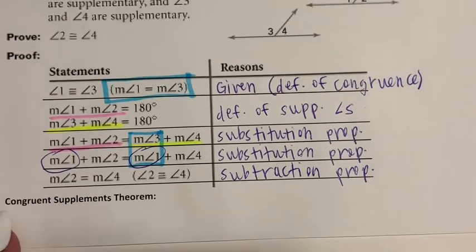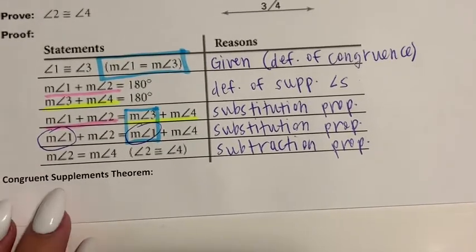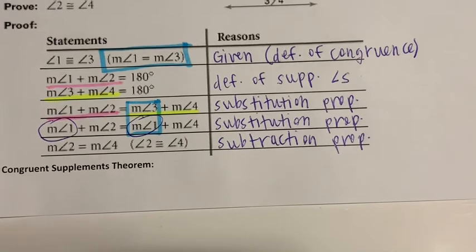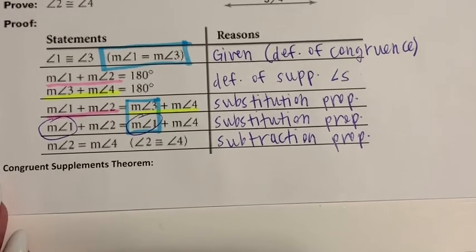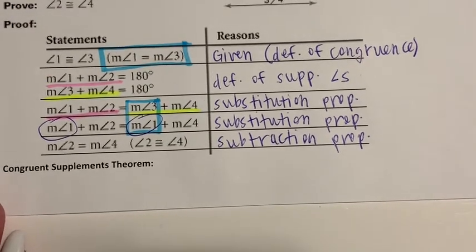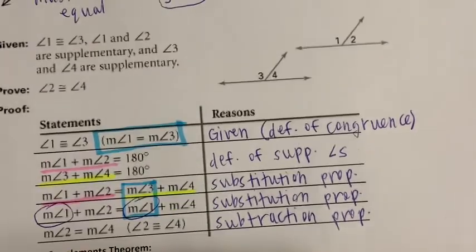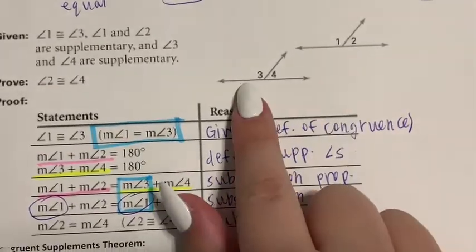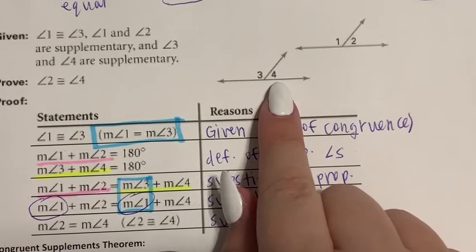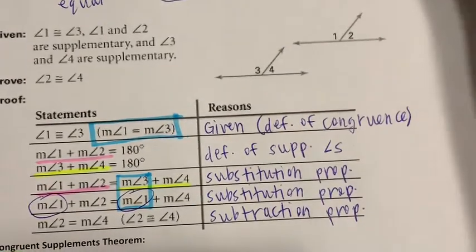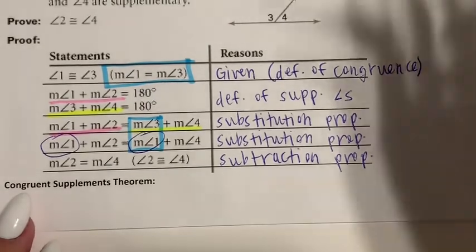Well, what did this proof prove? What exactly was the point here? Our point was we were looking at angles that were supplementary to each other. Here we are looking at 1 and 2 are supplementary, 3 and 4 are supplementary, and it's something called the congruent supplements theorem.